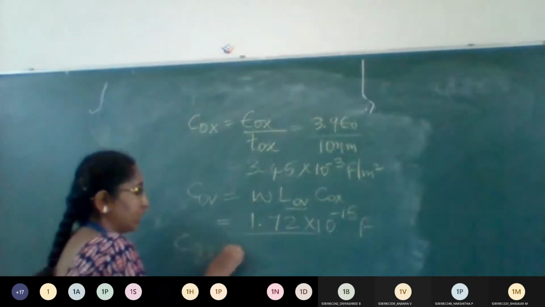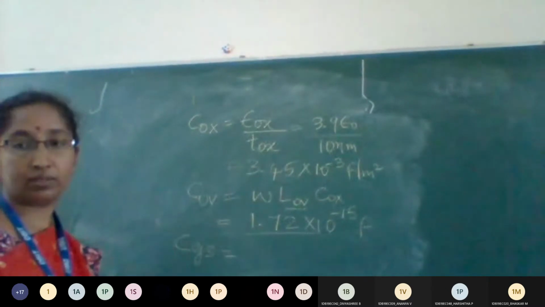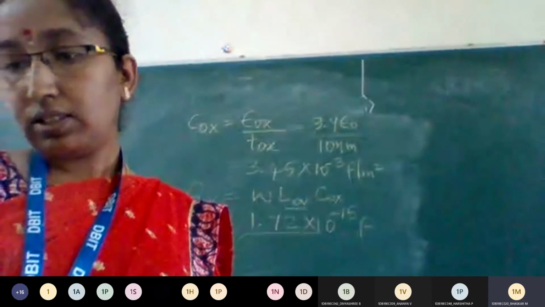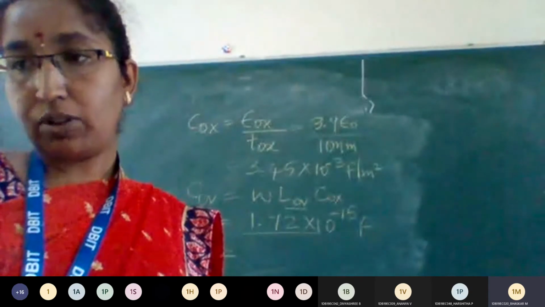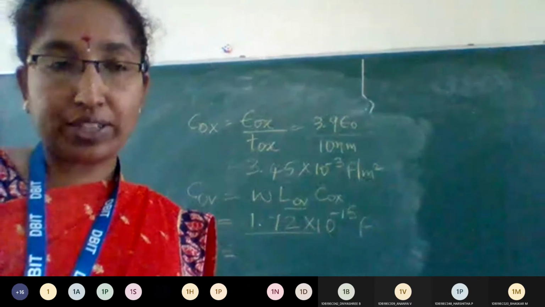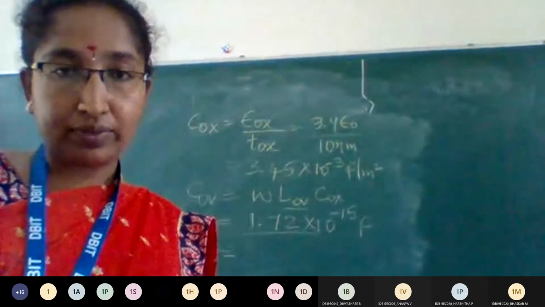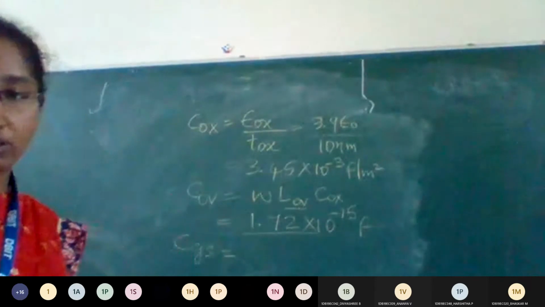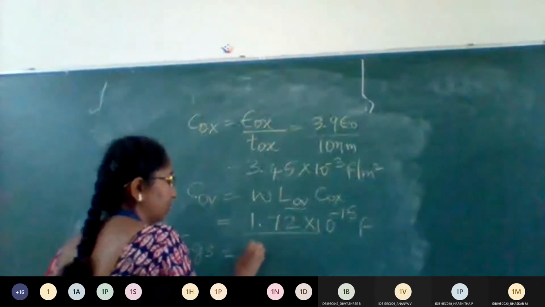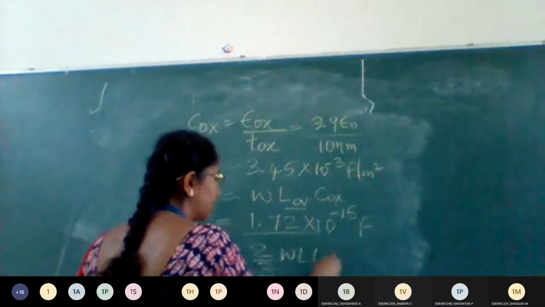Next, how to find CGS? 2 by 3 WL COX, because they have specified in the problem that it is in the saturation region. In saturation region, CGD is 0 and CGS is 2/3 WL COX.